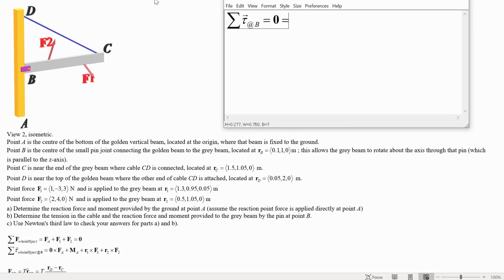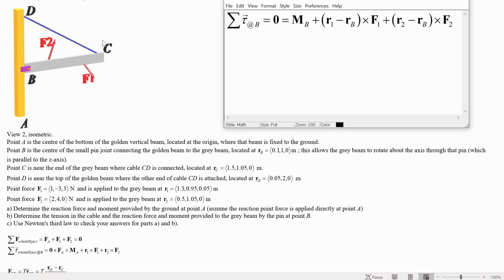let's see. So the moment that the pin is applying on this gray beam at B, which again has no Z component, plus the moment arm to force 1's application point, which will be R1 minus RB cross F1, plus the moment arm to force 2's application point, R2 minus RB cross F2.